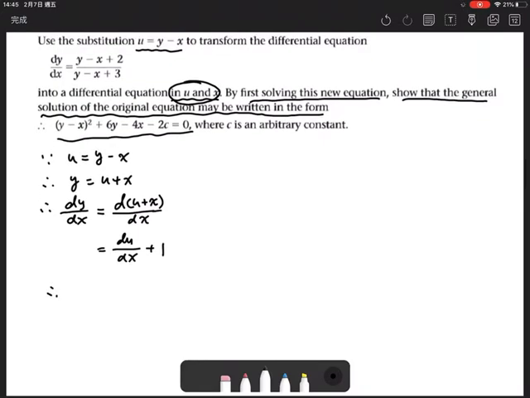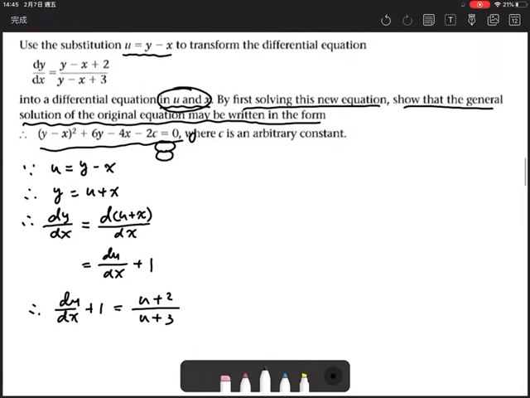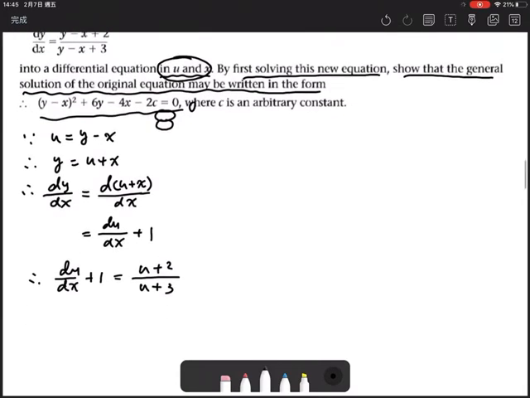The left hand side can be replaced by du by dx plus 1 equals, and as you know, here it is y minus x. y minus x is u only, so it will be u plus 2 over u plus 3. So we transform the differential equation in terms of u and x.